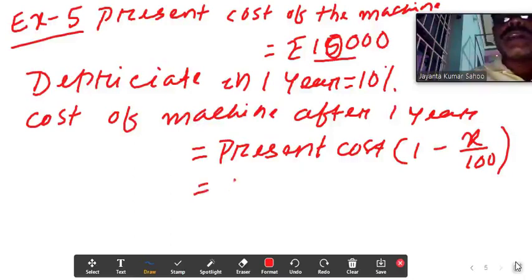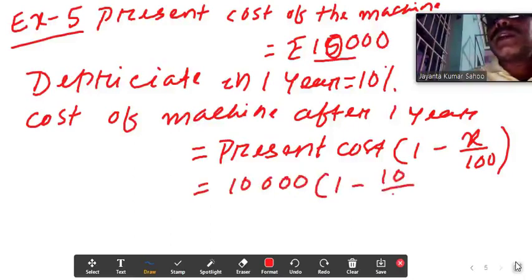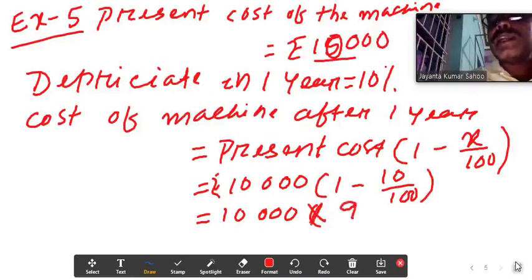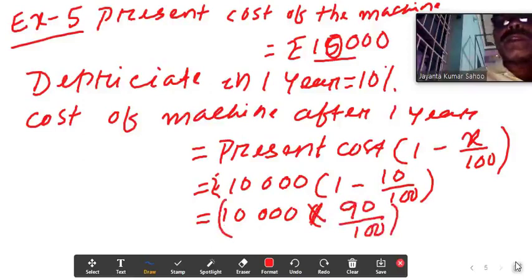We can write now 10,000 rupees into 1 minus 10 by 100, equal to 10,000 into, 100 minus 10 equal to 90 by 100, can be written this much rupees.